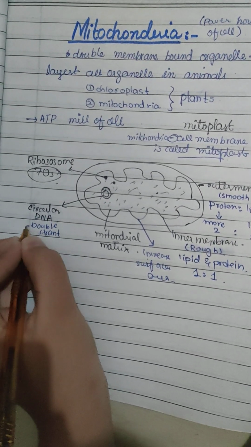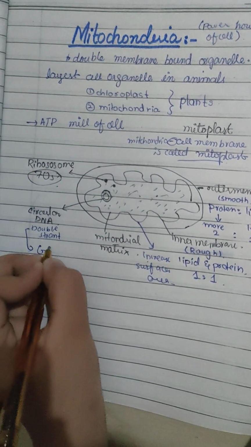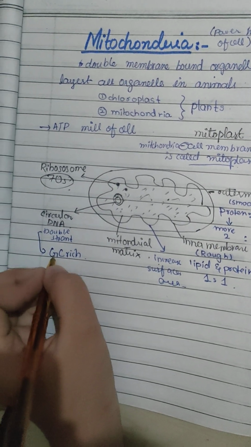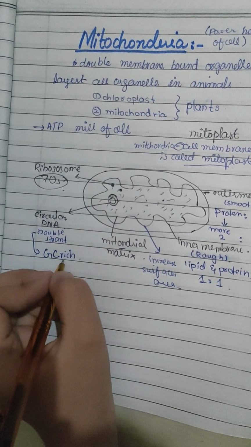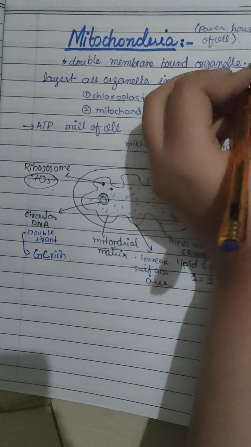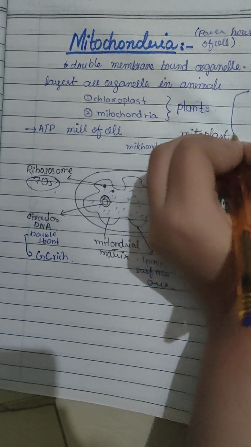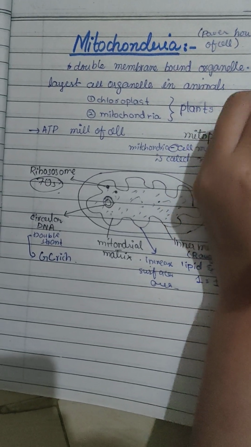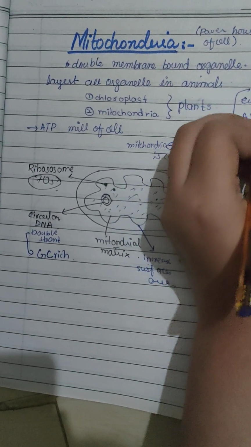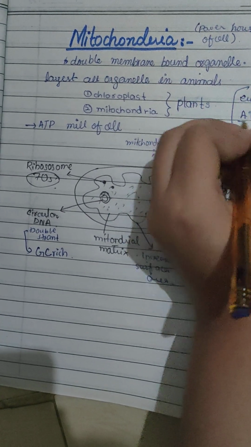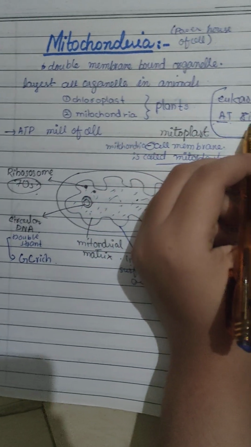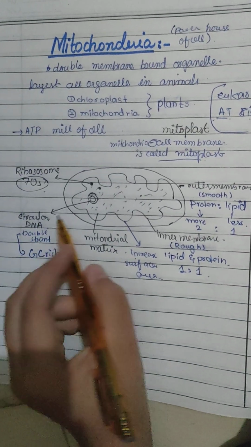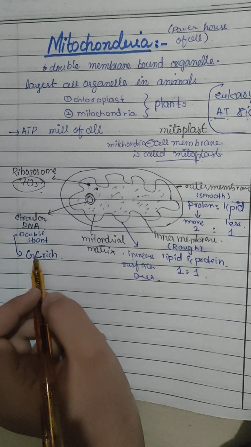Now here again this is the circular DNA which is present, and this is double strand DNA, and it is GC rich. Now what actually is GC? This is guanine and cytosine rich. Okay, while in the animal eukaryotes, AT is rich. AT means adenine and thymine is rich, while in the circular DNA of mitochondria, guanine and cytosine are rich.